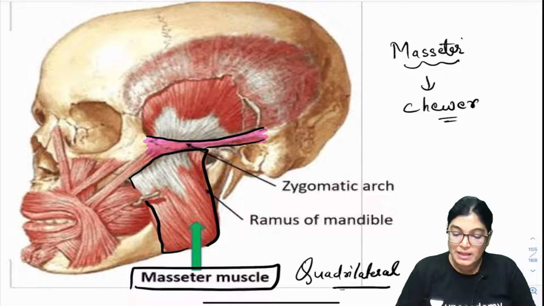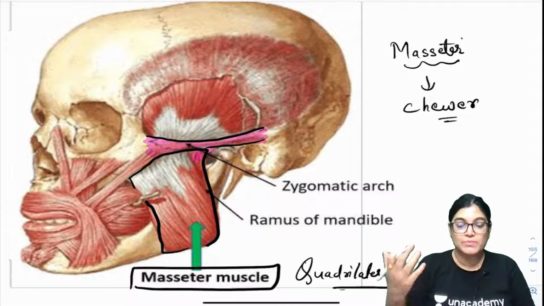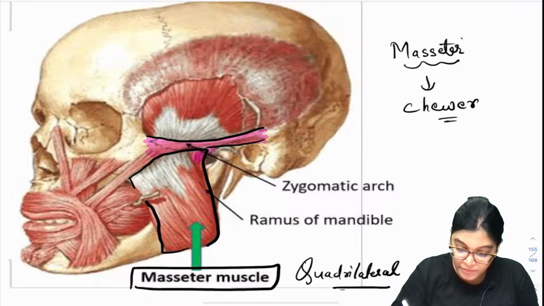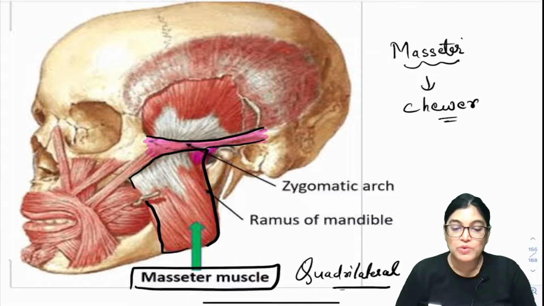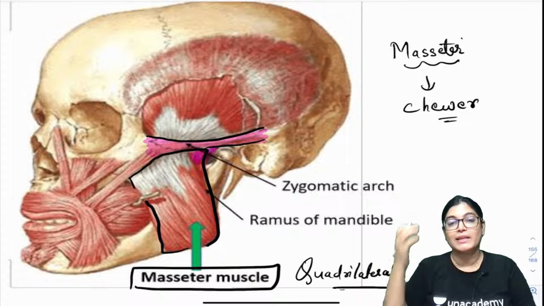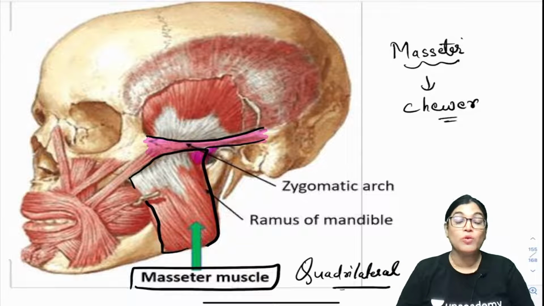When you see the deeper part, a few fibers are coming from the deeper aspect. The deeper fibers are coming from the deeper aspect of the zygomatic bone, but the middle fibers are from the lower part, the lower posterior part of the zygomatic bone.